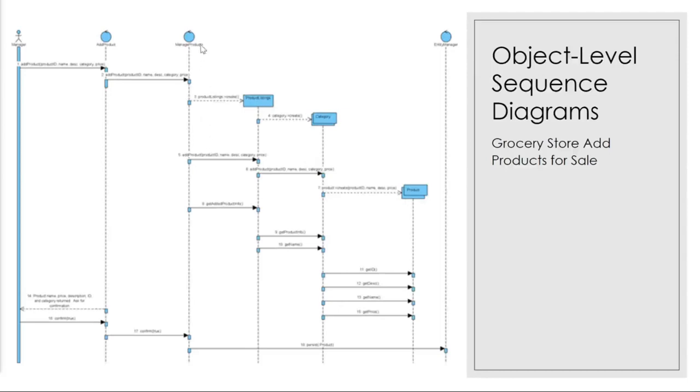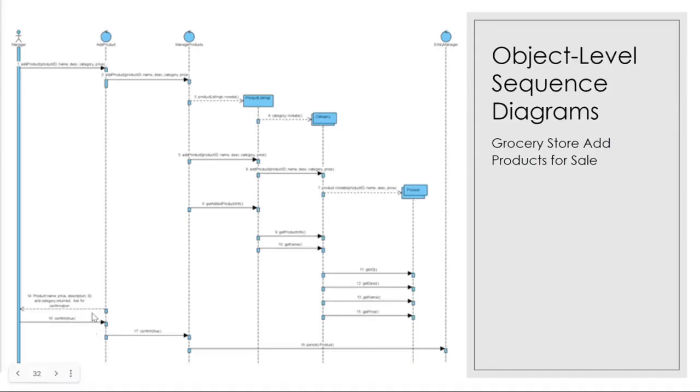And so the manage products control will get all product info, and the category will also get all product info. It'll call functions from this product class in order to display all the product information.